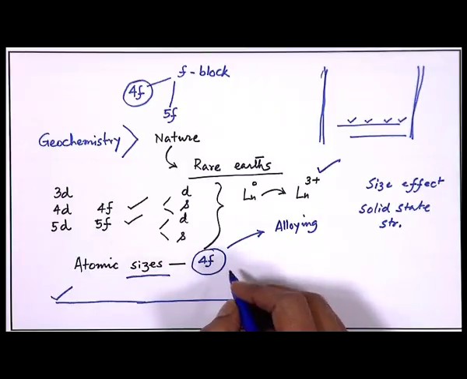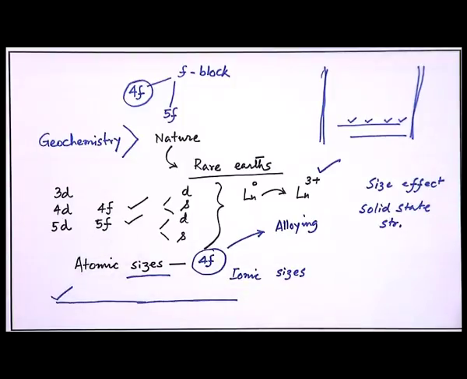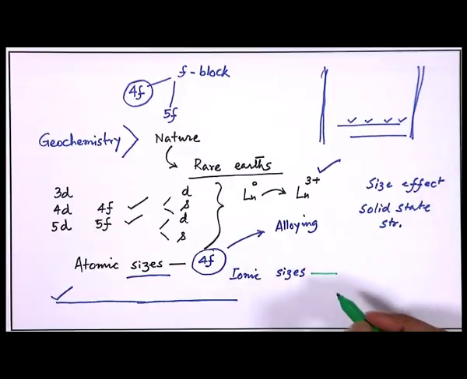So, when we get these ionic species, the ionic sizes also, like the atomic sizes, we can think about those ionic sizes and how much they are different from the corresponding atomic sizes.